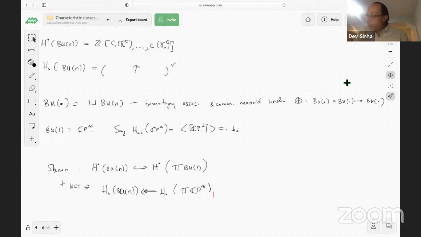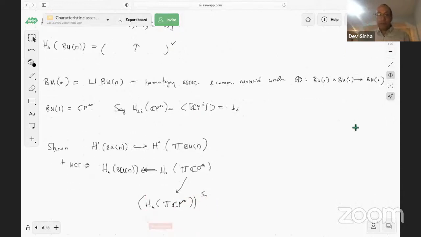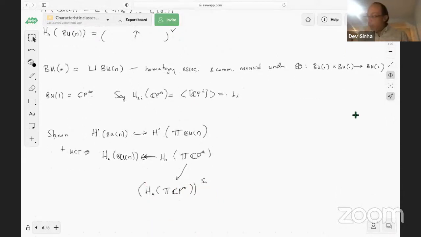But the other thing to note is that this is a homotopy commutative monoid. So this map that's surjective factors through the S_n invariants of the homology of the product of CP infinity.